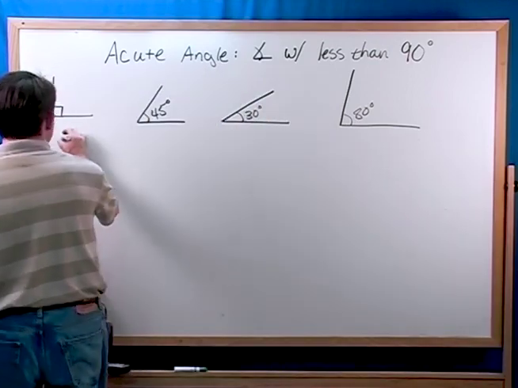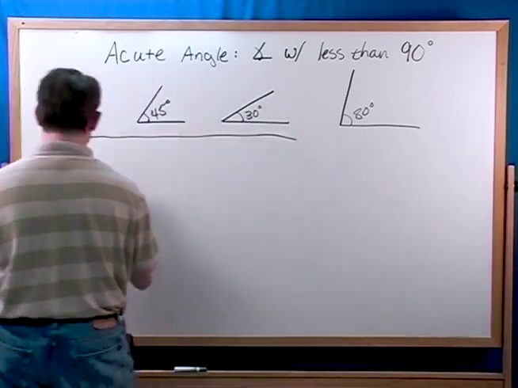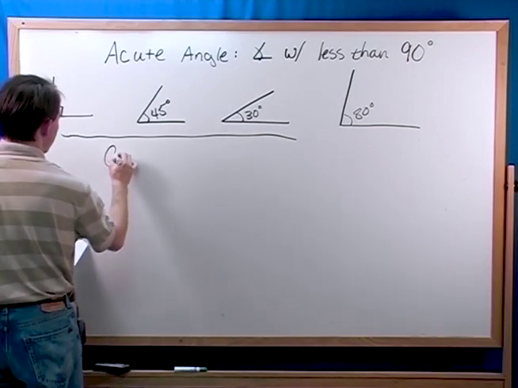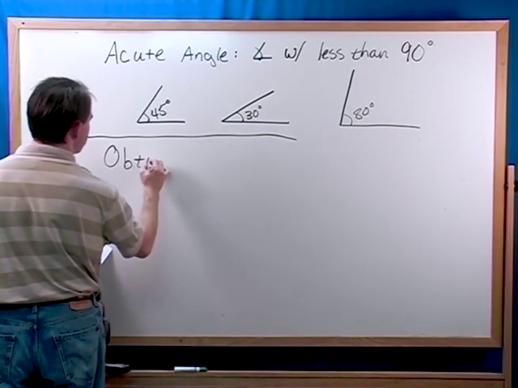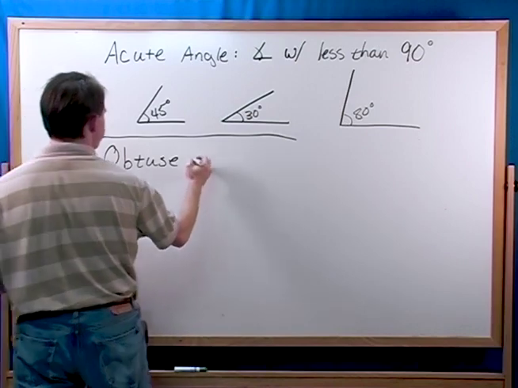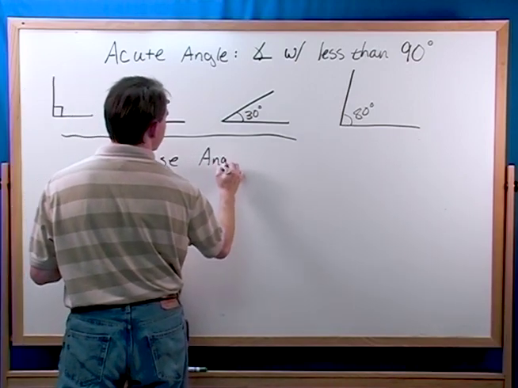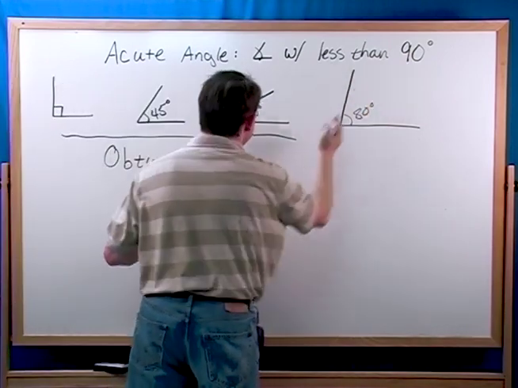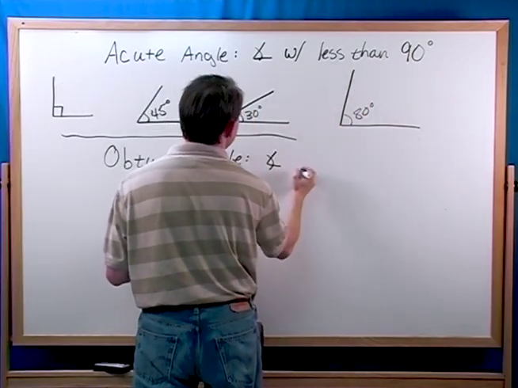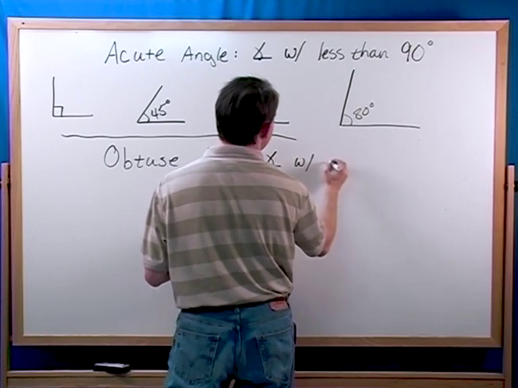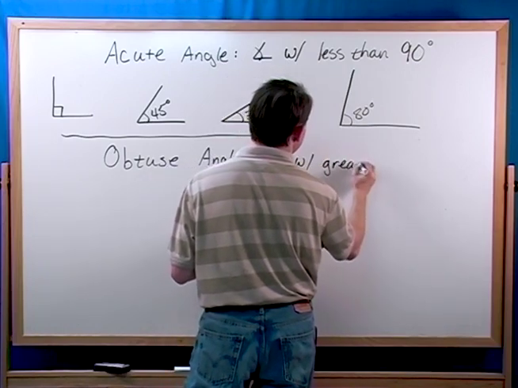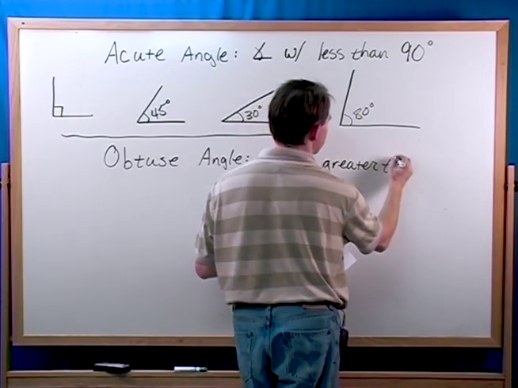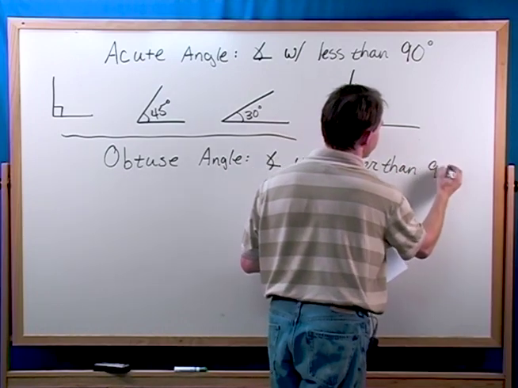Okay, now let's talk about another kind of angle, and when we're classifying our angles, called an obtuse angle. Well, what do you think this is going to be? If an acute angle is less than 90 degrees, then an obtuse angle is just an angle with greater than 90 degrees.